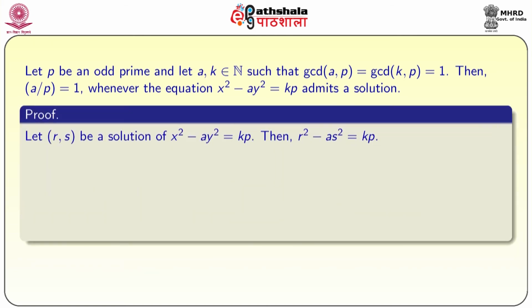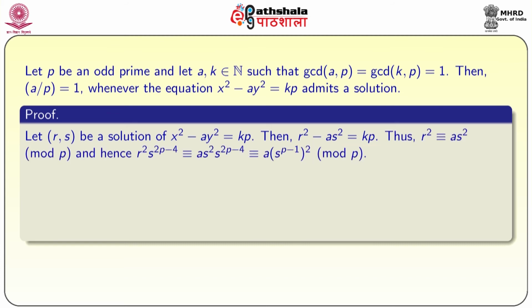So, the proof goes like this. Here observe that there are two variables involved. So, let us assume r, s is a solution of x square minus a y square equals kp. Then we have r square minus a s square equals kp. That is equivalent to r square congruent to a s square modulo p.